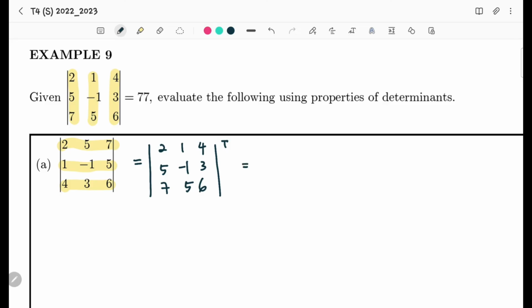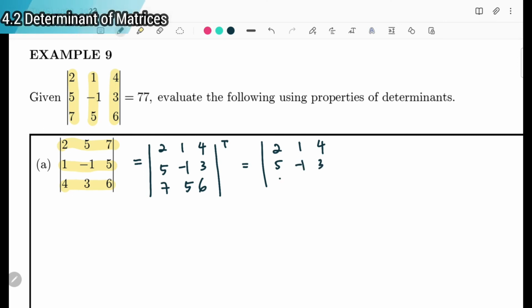You know from the previous page that the determinant of matrix A and its transpose is just the same. So you have 2, 1, 4, 5, negative 1, 3, 7, 5, 6.